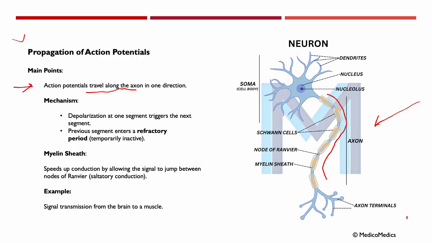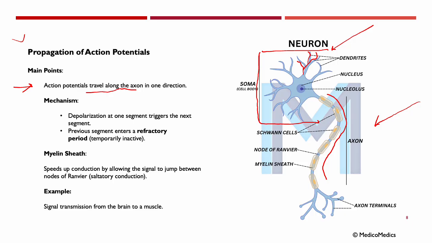So we have the cell body of the neuron indicated in this section here. It contains the nucleus and is where information is processed. And we also have these dendrites sticking out. These are branch-like structures that receive signals from other neurons.